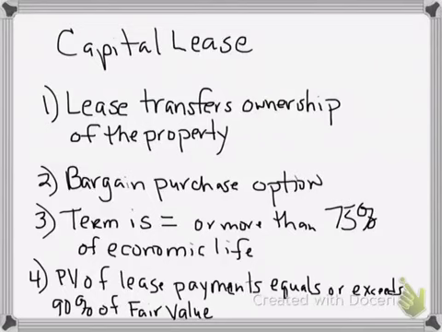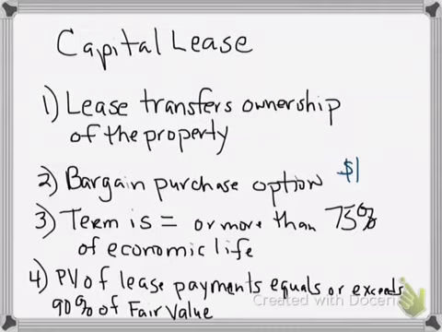So if you're actually able to purchase it for less than its market value at the end of the lease, and what I see a lot of time with these is they'll say, oh, you can pay $1 or you can pay $100 at the end of the lease period, and it belongs to you then. It's no longer a lease. That would be a bargain purchase option.